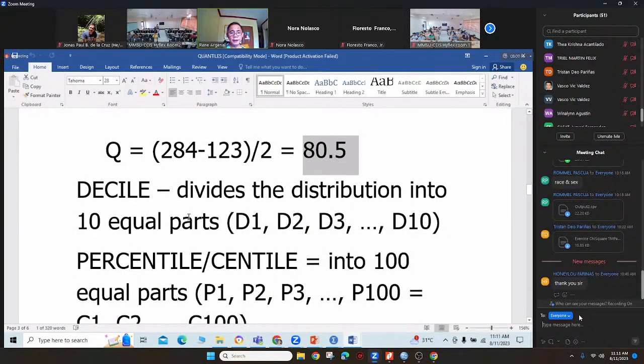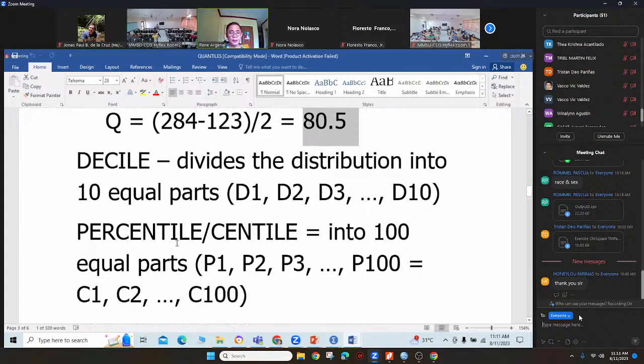And then you talk about deciles. Quantiles divide into an equal number of parts: quartiles into 4 equal parts, deciles into 10 equal parts, and then you also have percentiles and centiles into 100 equal parts.